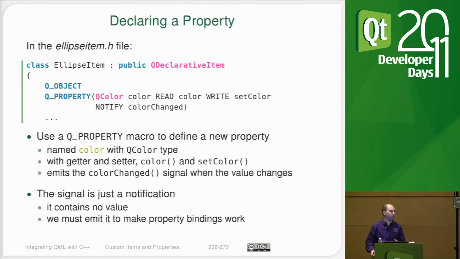Also, some properties aren't dynamic, so there's no reason to have a notification signal. In that case, you can replace NOTIFY with CONSTANT, and you don't need to specify a signal. That tells the QML environment never to expect a signal when this changes. Often useful when you want to have read-only constants exposed as properties.